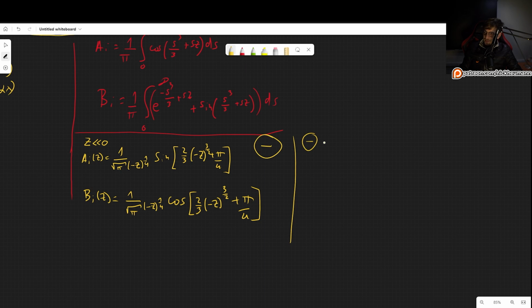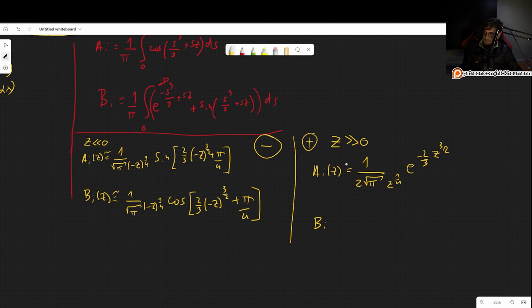Now in the positive region, when z is greater than 0, what do we have? In that case, Ai of z is approximately 1 over 2 square root of pi times z to the 1/4 times e to the minus 2/3 z to the 3/2. These are all, of course, approximate solutions.